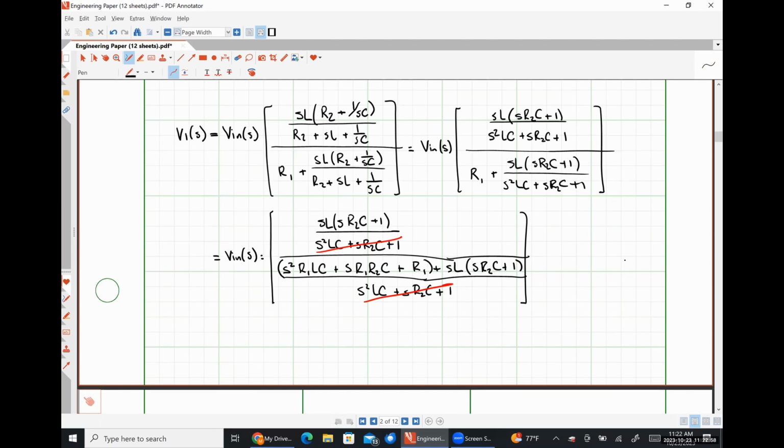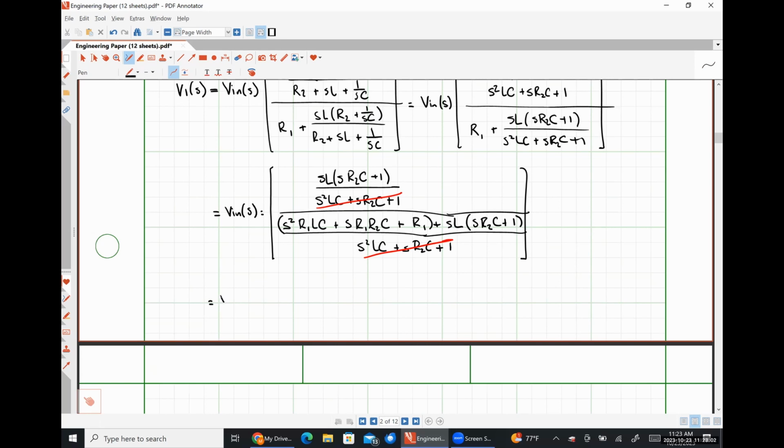And that, in turn, leaves me with the relationship Vn of S, sorry, that shouldn't be equal, that should be multiplied, times SL times (SR2C plus 1) divided by S squared multiplied by (R1 LC plus R2 LC) plus S times (R1 R2 C plus L) plus R1.